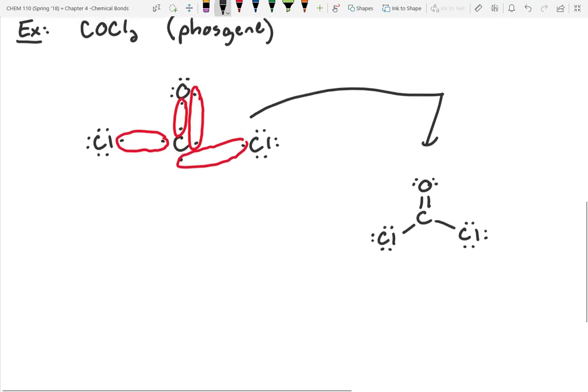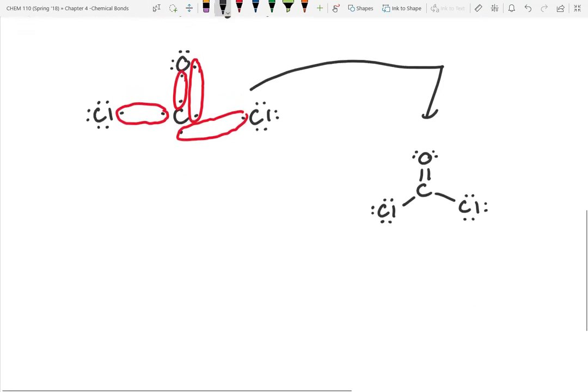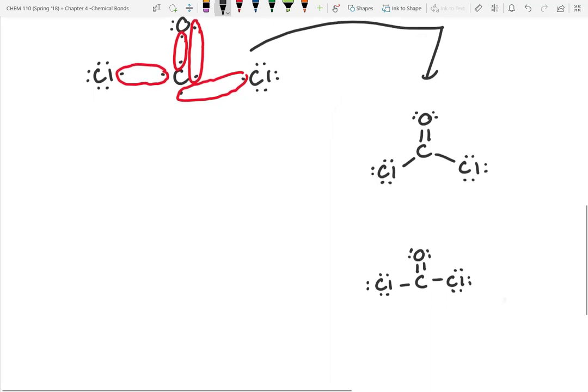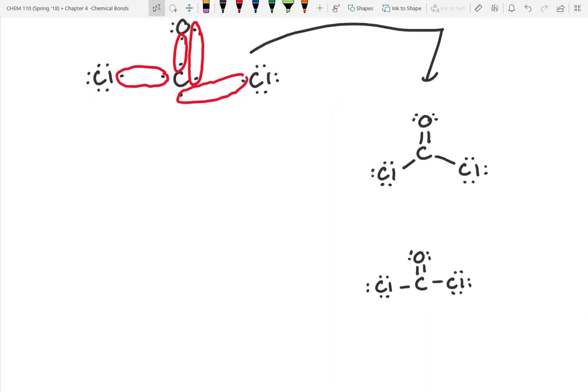Sometimes students will ask me, well, why did you draw it that way instead of this way? And I'll show you why. We're going to talk about this more tomorrow. We won't have enough time today. But atoms don't like to crowd one another. They like to spread out and not be super close.